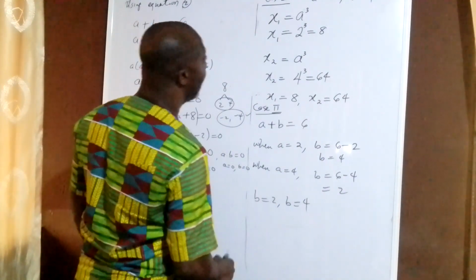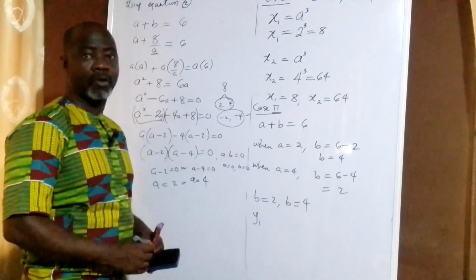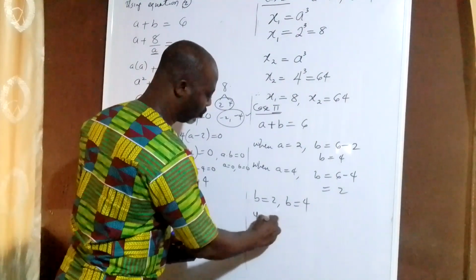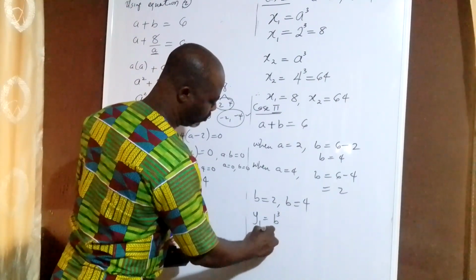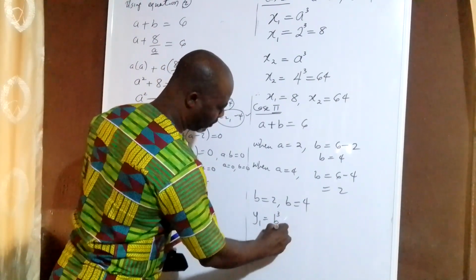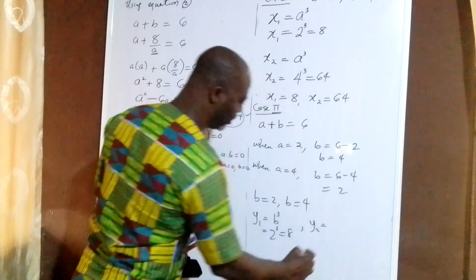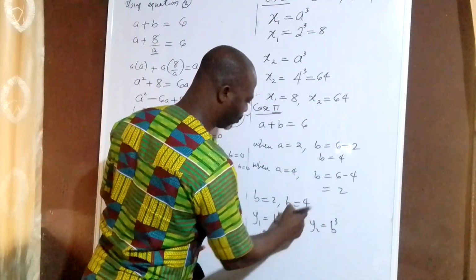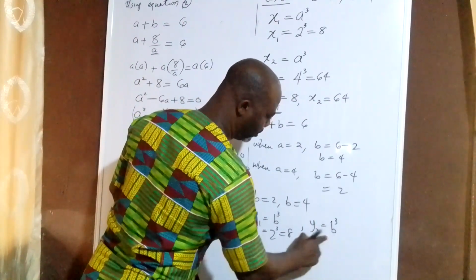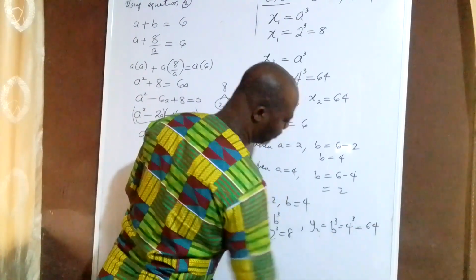So, if that's the case, then we have y1 to be b to the power of 3. So that will give us 2 to the power of 3, which is 8. Then y2 will be b to the power of 3, and in this case, b equals to 4. So that will be 4 to the power of 3, which is 64.